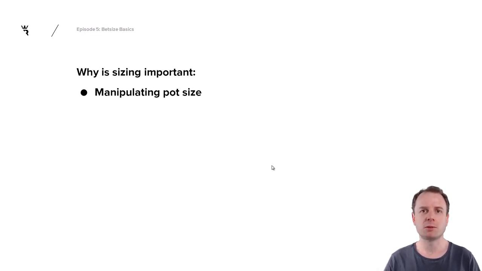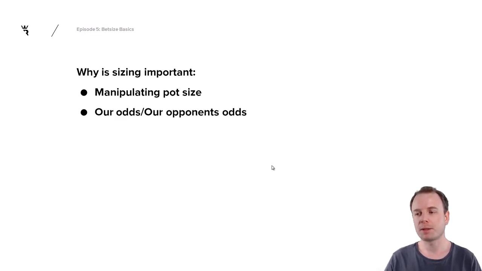And then we get to do other things as well by manipulating the pot size. It's a way in which we get to give ourselves good odds or bad odds and give our opponent good odds or bad odds. If we bet small, not only do we give our opponent the incentive to call by giving him good odds, but we also give ourselves pretty good odds because we're betting a small amount.